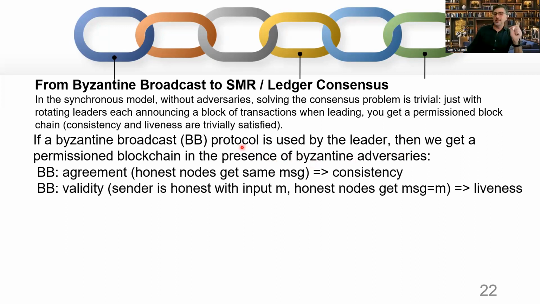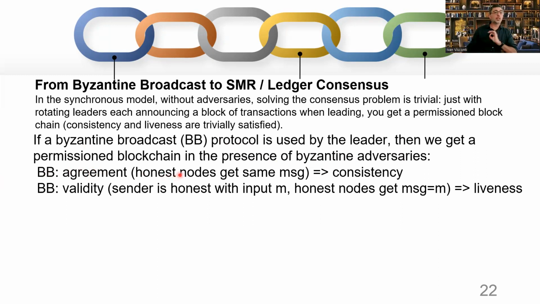Okay? What is a Byzantine broadcast? It's a way that I announce a message to others, and even though there are adversaries in the system, all honest players get the same message, the same output. This is the first property of Byzantine broadcast, agreement.